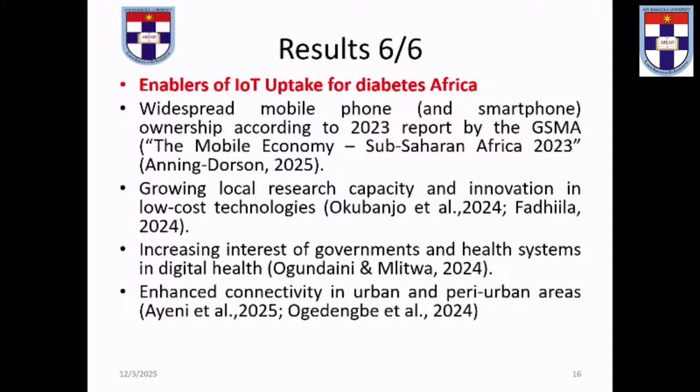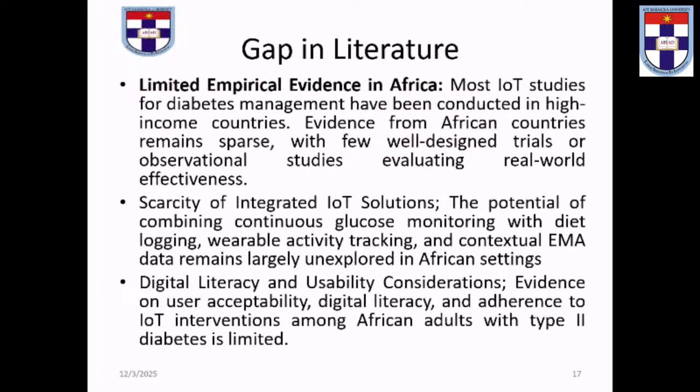But there is research going on for low-cost technologies, and the government is also interested in digital health now. These days, we have been talking about digital health since morning, and there's also enhanced connectivity in most cities, even in some rural areas. Those are things that enable Internet of Things uptake in Africa.